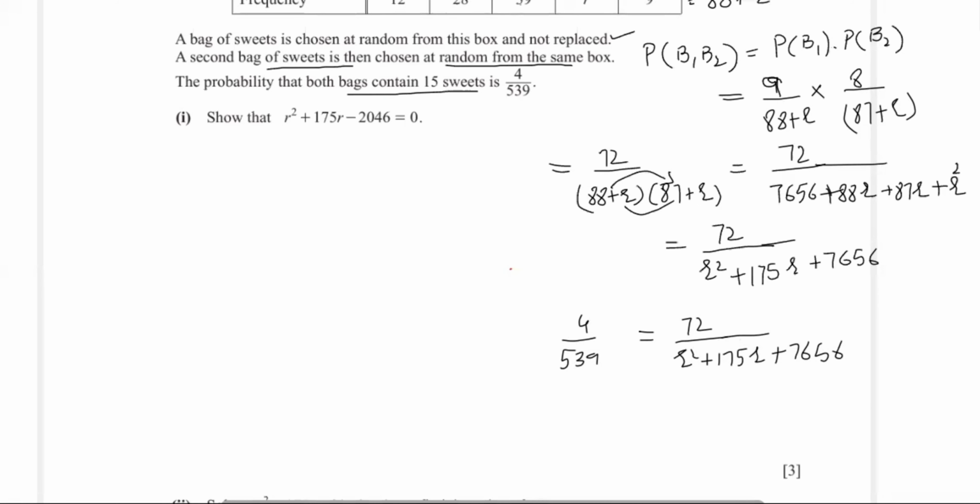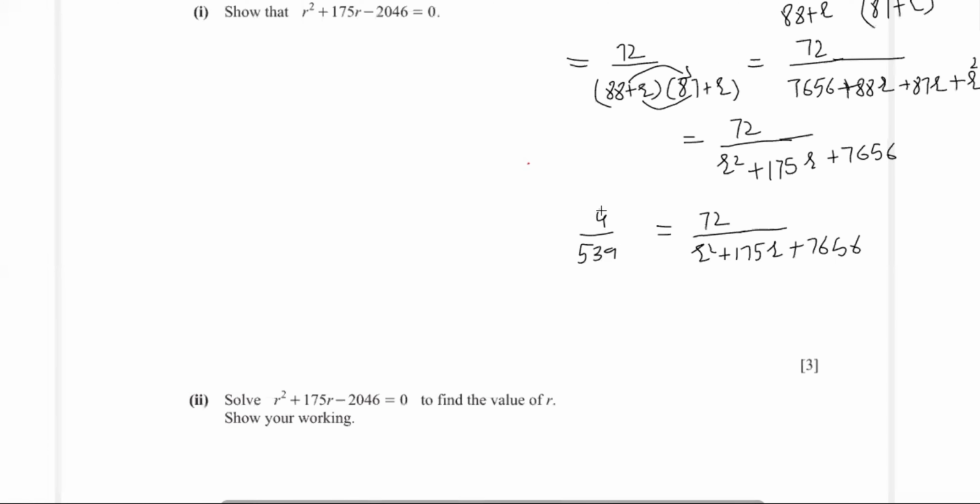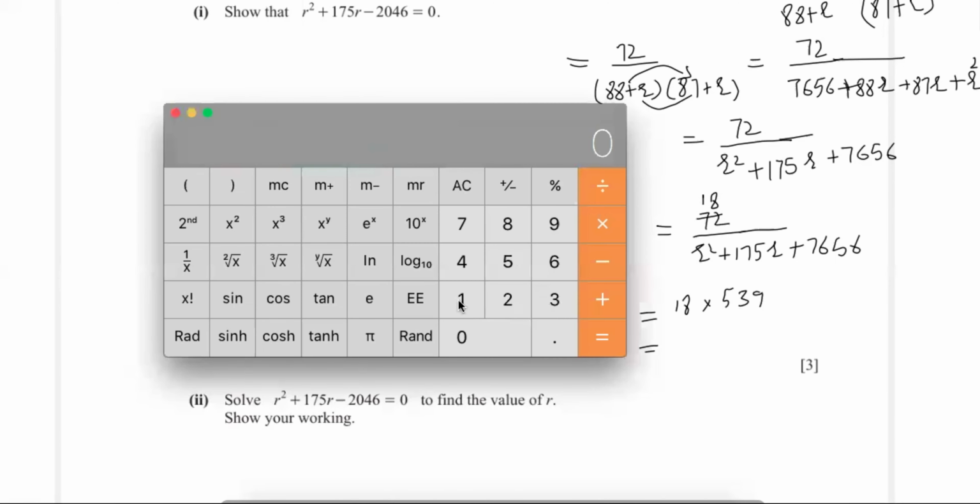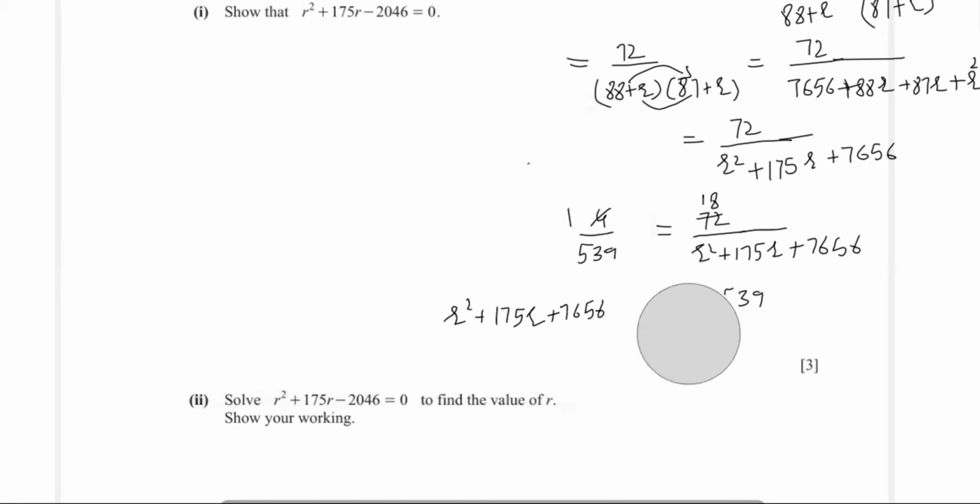Now we simplify it. 4 times 1 is 4. 4 times 18 is 72. Therefore, we can write it as R square plus 175R plus 7656 into 18 multiplied by 539. When we multiply 18 by 539, that will be equal to 9702, and R square plus 175R plus 7656.